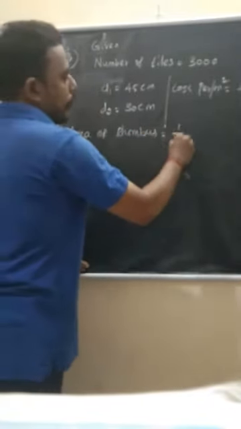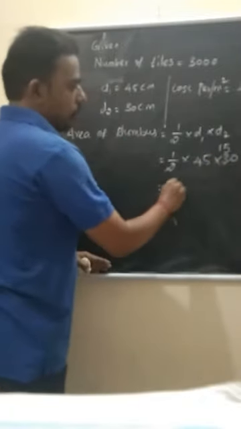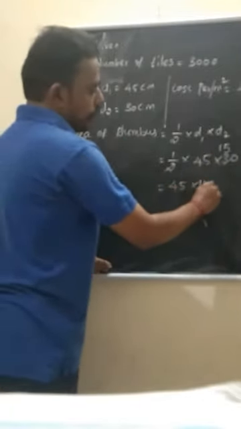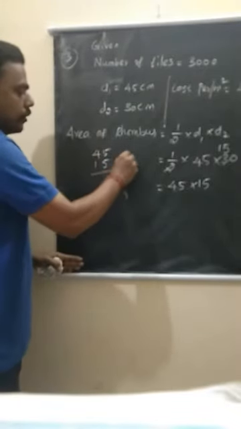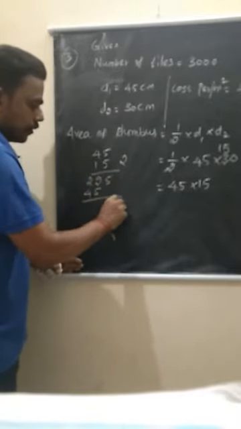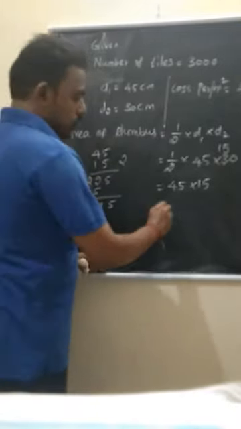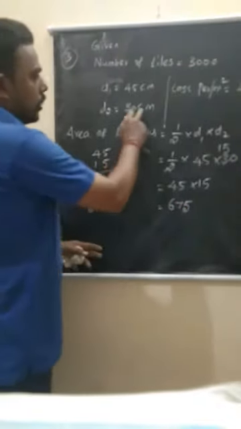So area of rhombus equal to 1 by 2 into D1 into D2. So 1 by 2 into 45 into 30. Just cancel 15. So 45 into 15. So 675, in centimeter.